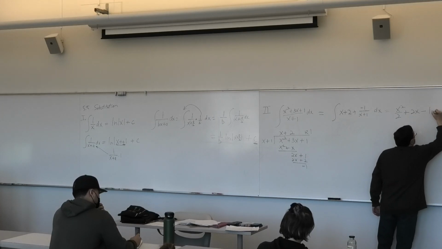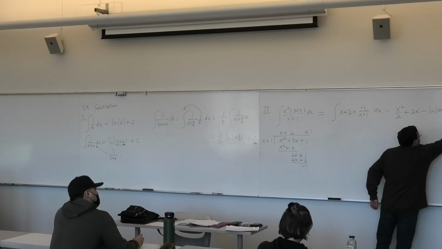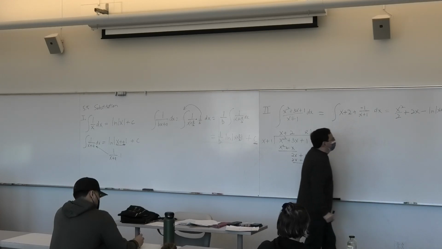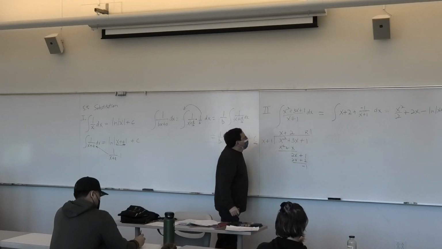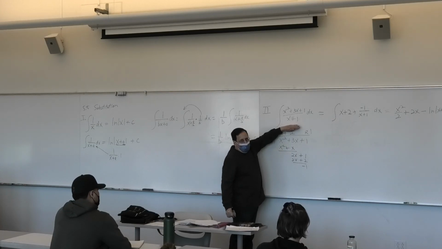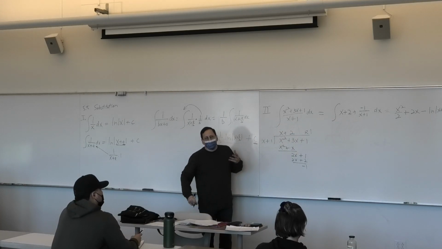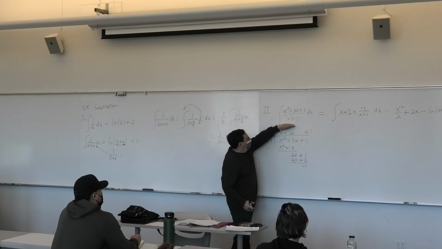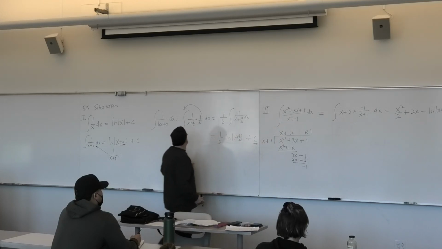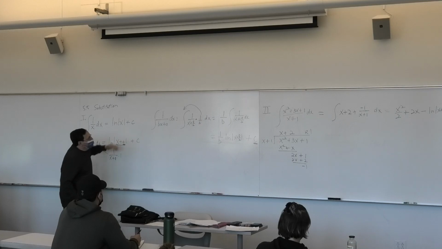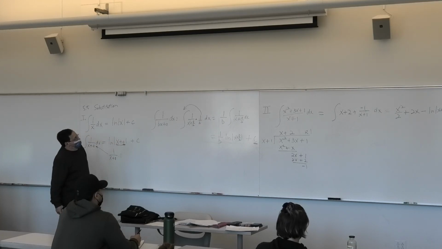We just got log of absolute value of x plus 1. So keep this in mind also. We're going to do this technique, substitution, but sometimes we're going to end up with something like this or something like this, and we have to be aware of that.